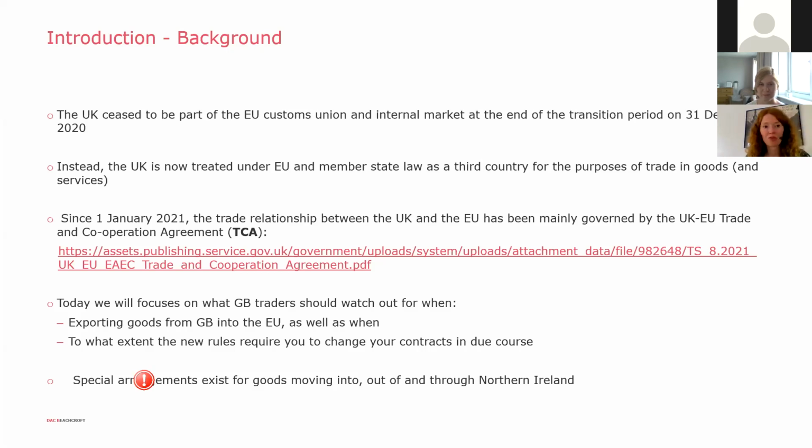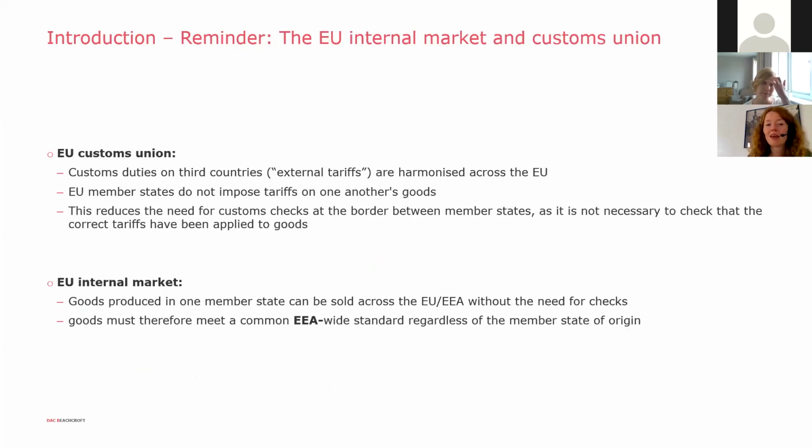So if we now go to the next slide, I said we're going to have a quick reminder of the EU Internal Market and Customs Union. So what is that? The EU Customs Union was established in '67, and it means that customs duties on third countries, so the external tariffs, are harmonized across the EU. I have a slide, the next slide will show that in a bit more detail.